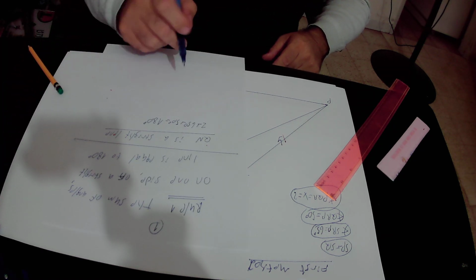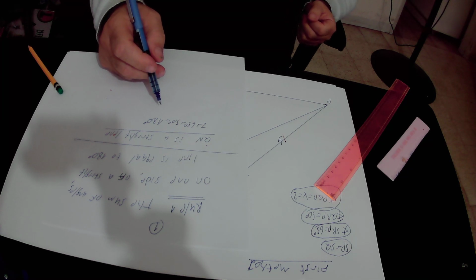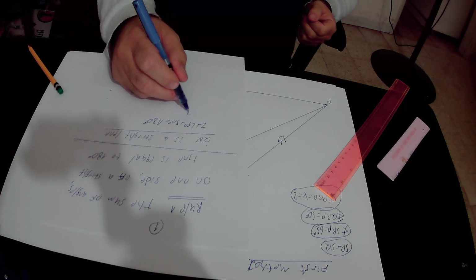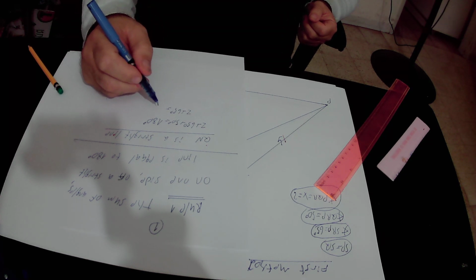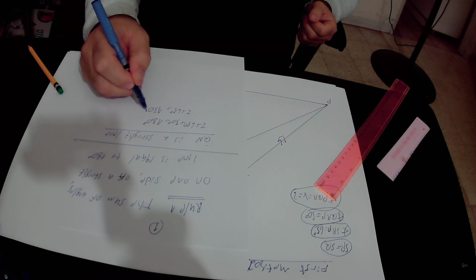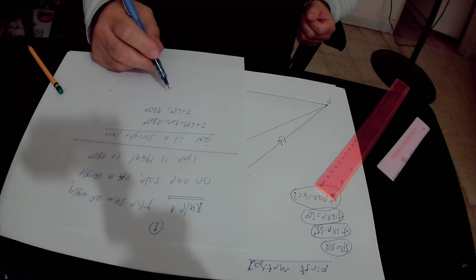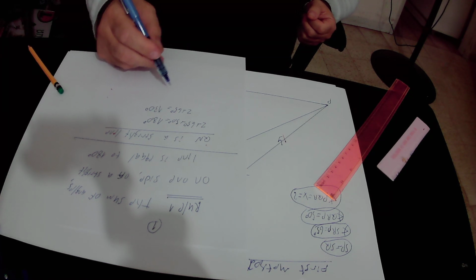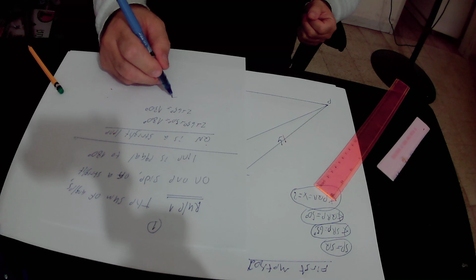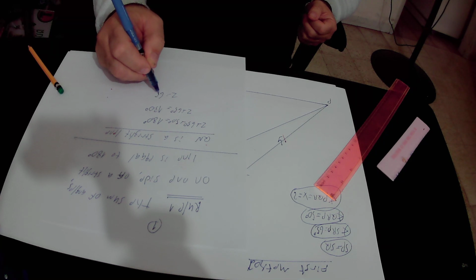So here we will subtract 50 degrees from this equality and we will get that Z plus 65 degrees equals 180 degrees minus 50 degrees, which is 130 degrees. So we will subtract 65 degrees from this equality and we will get that the size of angle Z is 130 degrees minus 65 degrees, which is 65 degrees.